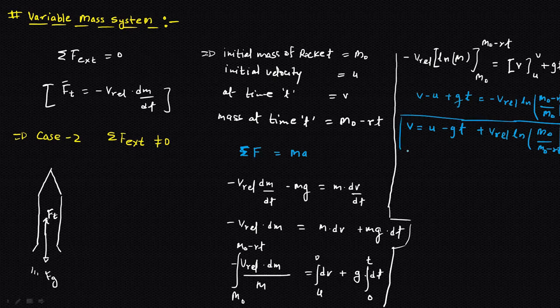This is the equation where we are considering the external force, and in this particular situation we are considering the external force as gravity. There can be another external force, like air drag, but in this case we are taking gravity. That's why we are getting this term. If there had been any other force, we could have integrated from over here.